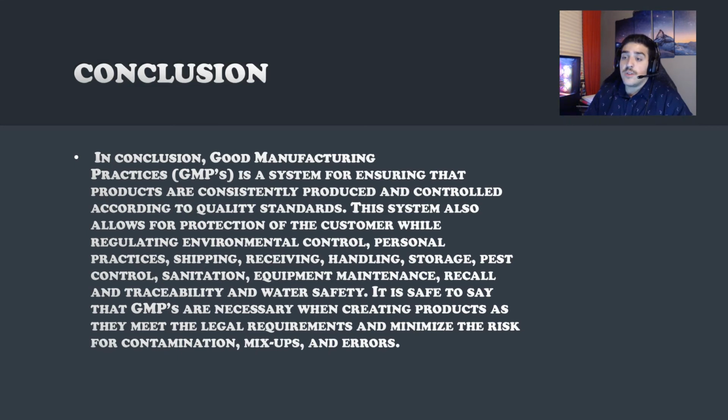This system also allows for protection of the customer while regulating environmental control, personal practices, shipping, receiving, handling, storage, pest control, sanitation, equipment maintenance, recall and traceability, and water safety. It is safe to say that GMPs are necessary when creating products as they meet the legal requirements and minimize the risk for contamination, mix-up, and errors.